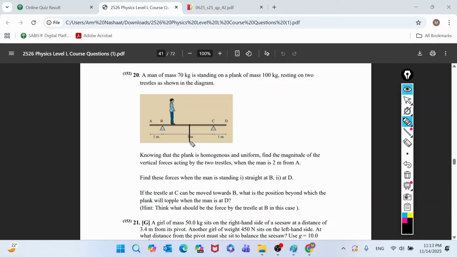So here we have 100 kg, which is 1,000 newtons, because you multiply by g, which is 10. And the weight of the man is applied straight down, so 700 newtons.